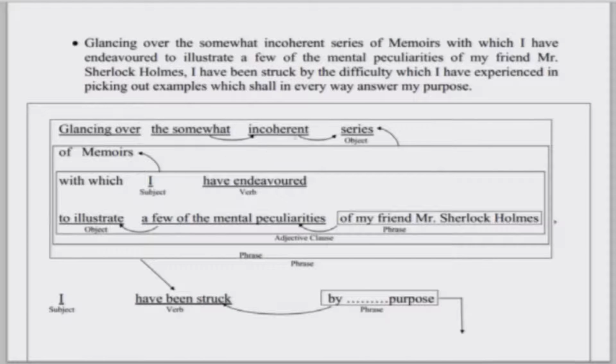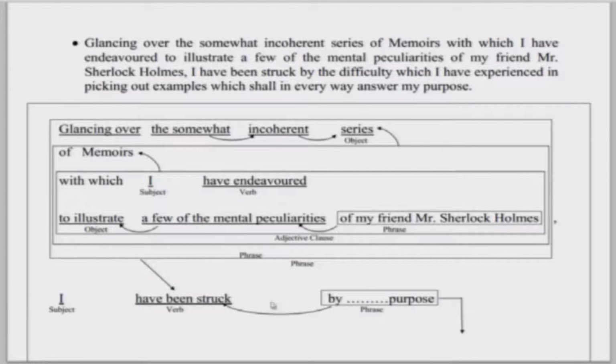Glancing over the somewhat incoherent series, glancing over series of memoirs. In that phrase, another subsidiary clause, an adjective clause, is coming: with which I have endeavored to illustrate peculiarities, a few of the mental peculiarities, whose? Of my friend Mr. Sherlock Holmes. So, glancing over the somewhat incoherent series of memoirs, the word memoirs qualified by this.